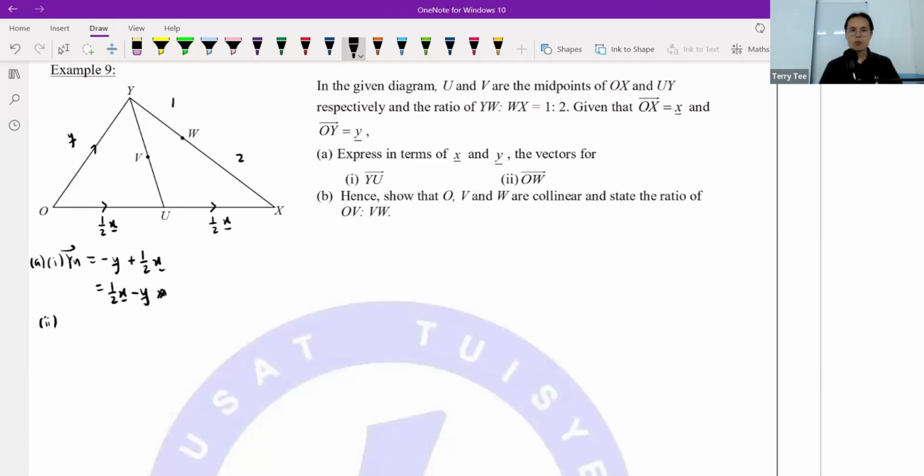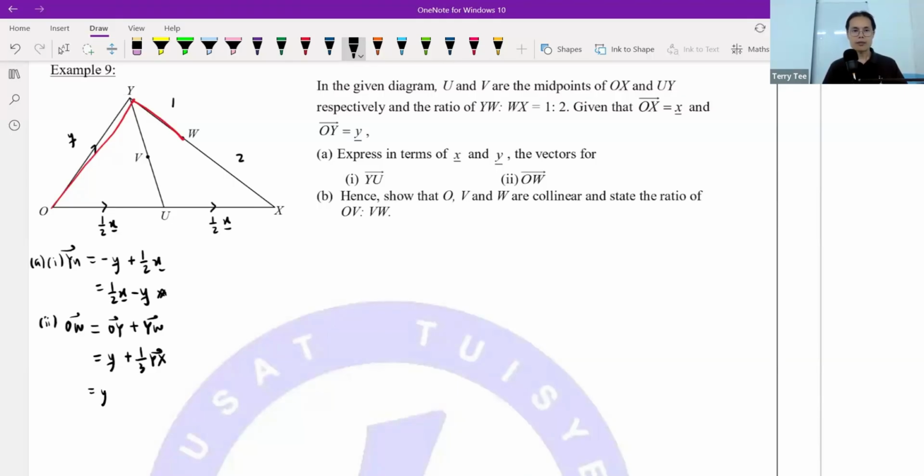Next, I want to find OW. To go from O to W, I can go O to Y, Y to W. OY is just Y. YW is 1 over 3 of YX.